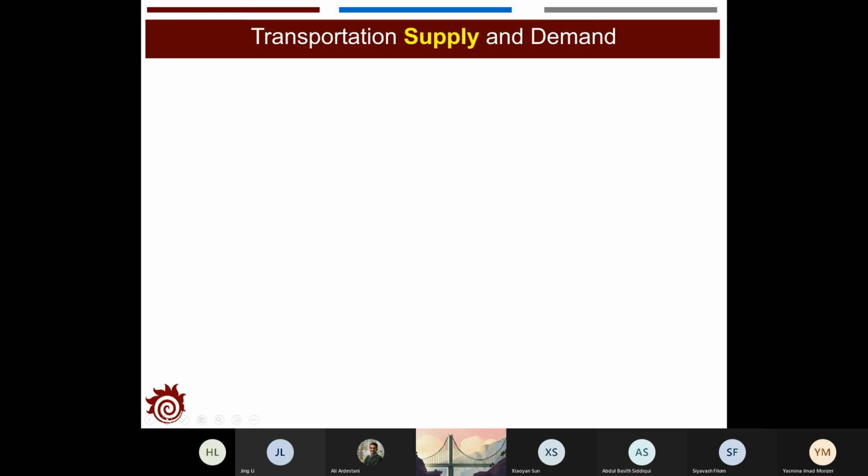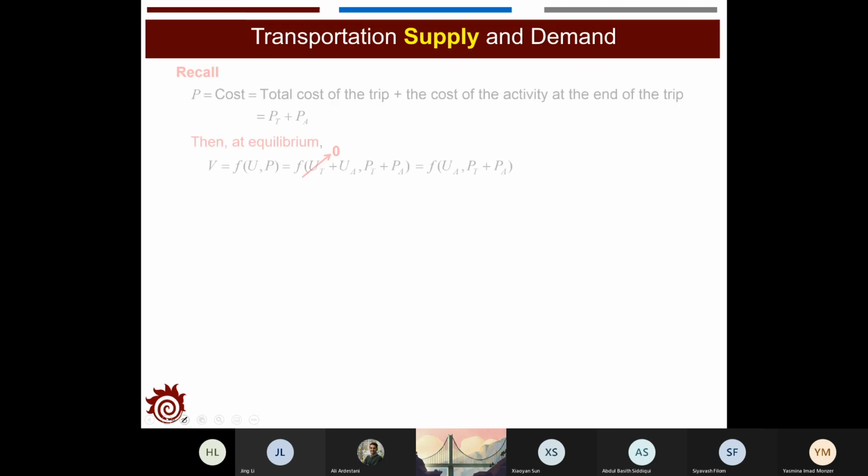The next thing we want to consider is the supply part. What's the supply that the transport system can provide? So first, let's recall the cost. The cost is determined by the cost of the trip and the cost of the activity, which would be PT plus PA.